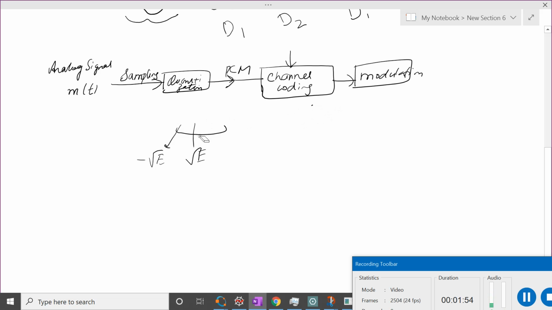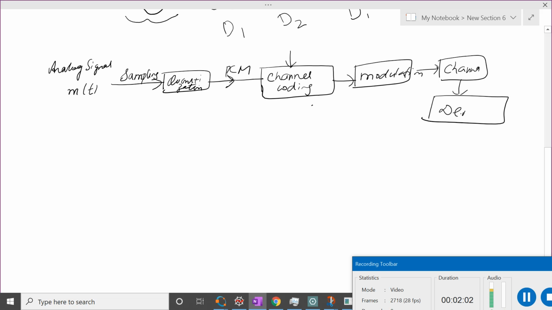So after the modulator there will be a channel, and then at the receiver the first thing we have to do is demodulate. And after demodulation, what will you get? You will get bits, right? But that may have errors, so you will use channel decoding.